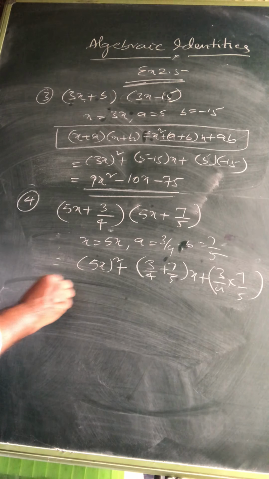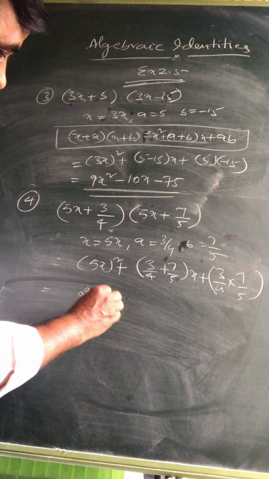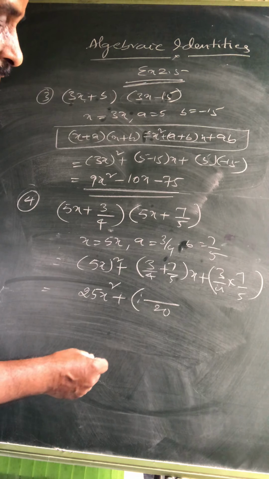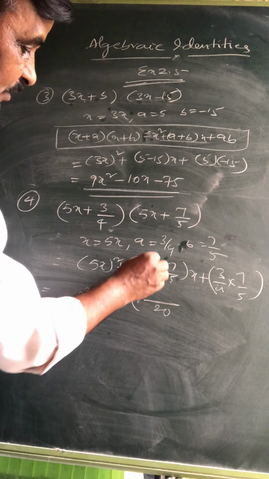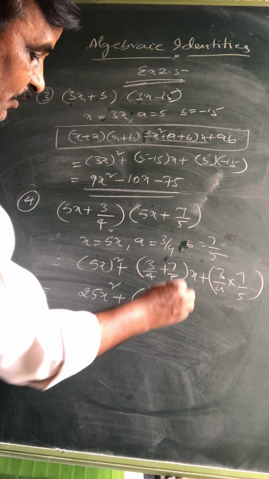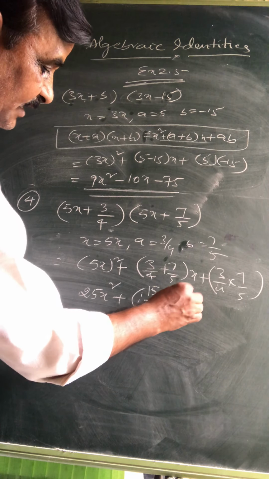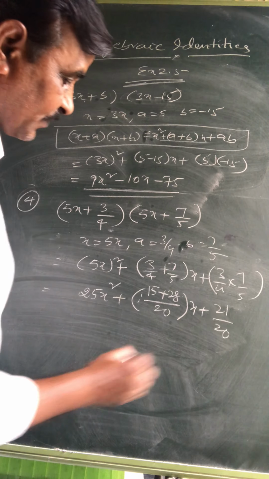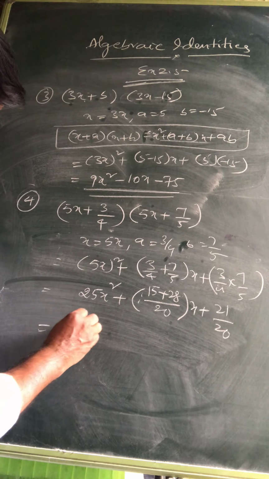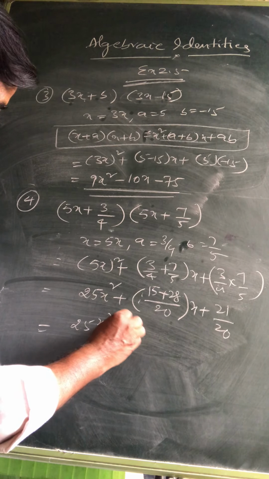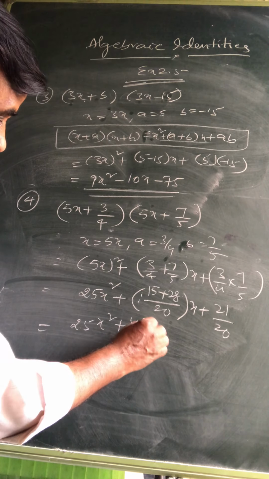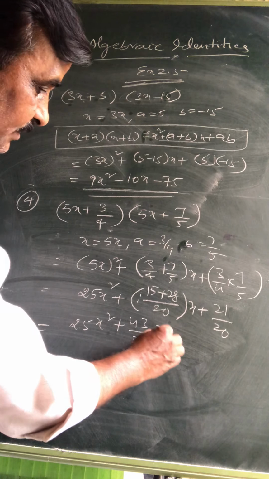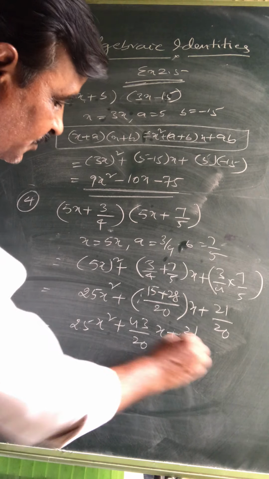Now it is equal to how much? 25x² plus, take the LCM of this, 20: 4 5s are 20, 3 5s are 15, plus 5 4s are 20, 4 7s are 28, so 43x/20, plus 3 × 7 = 21 by 20. That is 25x² + 43x/20 + 21/20.